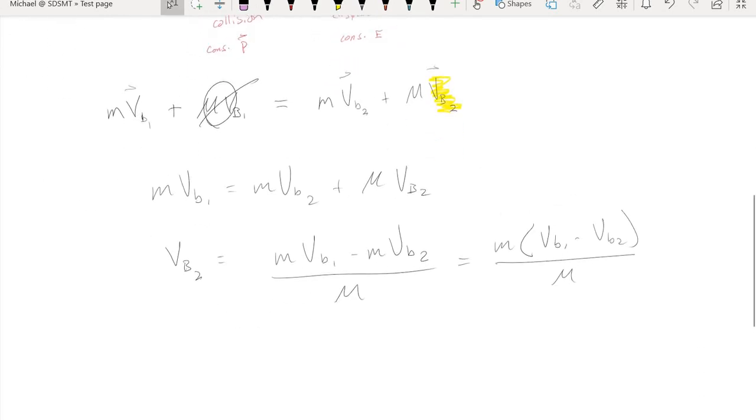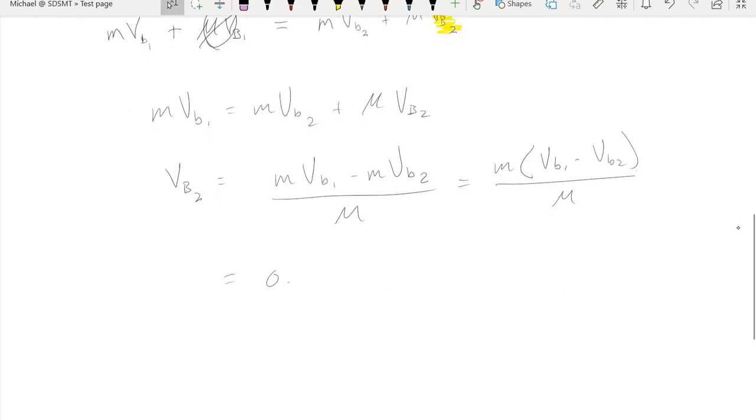So the mass of the bullet was 10 grams. The bullet went from 300 to 200 meters per second, and we have a 10 kilogram block. Put all that into our calculator. 0.01 times the difference in those is 100.